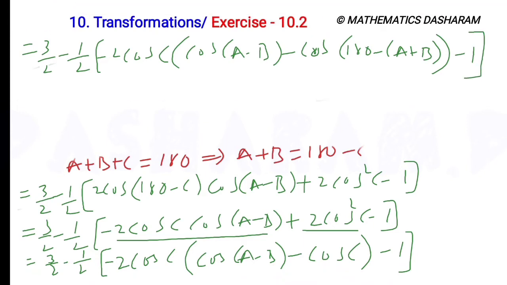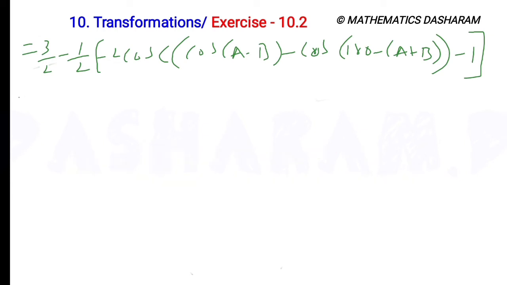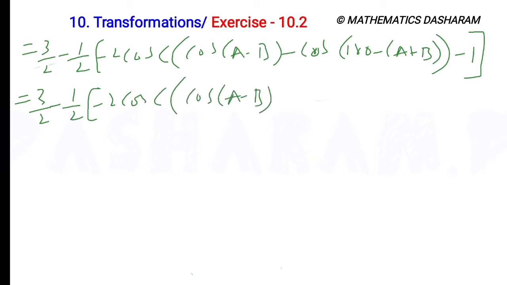Why? Because we have one condition, A plus B plus C equals 180. So it is equal to 3 by 2 minus 1 by 2 minus 2 cos C, bracket cos (A minus B), here cos (180 minus theta) is minus cos theta, so here it will become plus cos (A plus B), minus 1, bracket close.